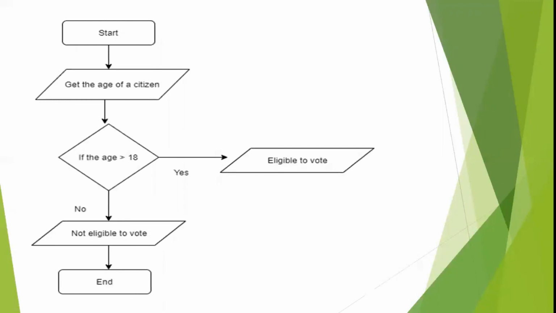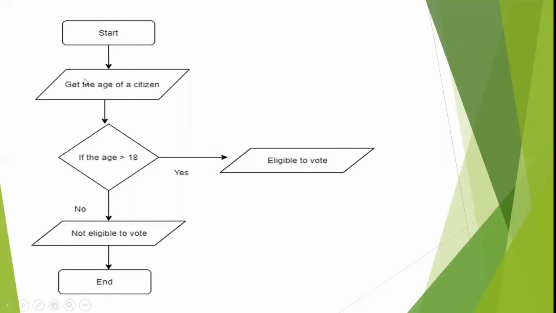So this is another decision making example. This will identify whether a person is eligible to vote. If you are watching this in real time, our election is coming. Based on your age, we can decide whether you are eligible to vote or not. You start, start and end are common.